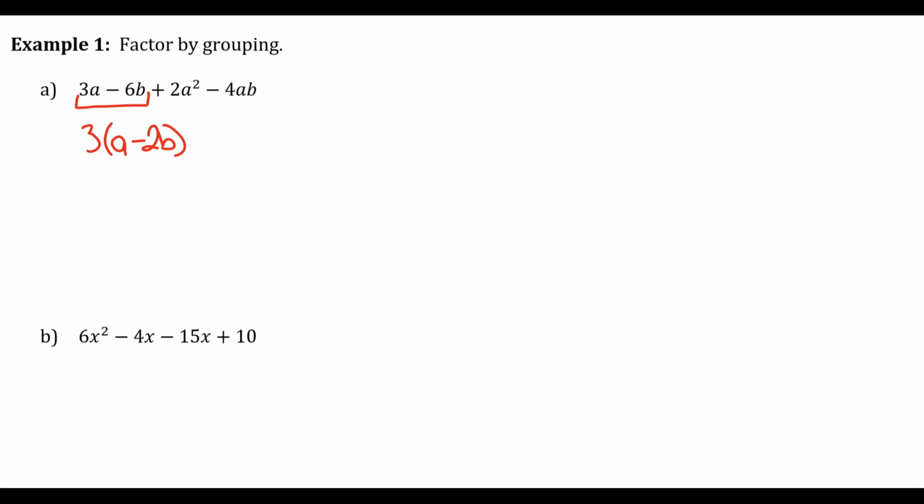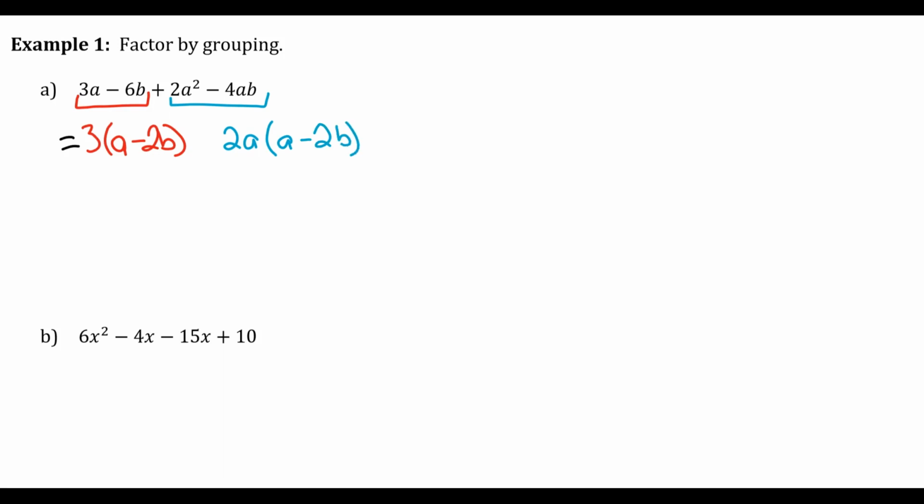Then I'm going to come over and look at the second two terms. Is there a number or variable that can factor out of both of these? Yes, I can take a 2 out. I can also take an a out. Taking a 2a leaves me with an a minus 2b.